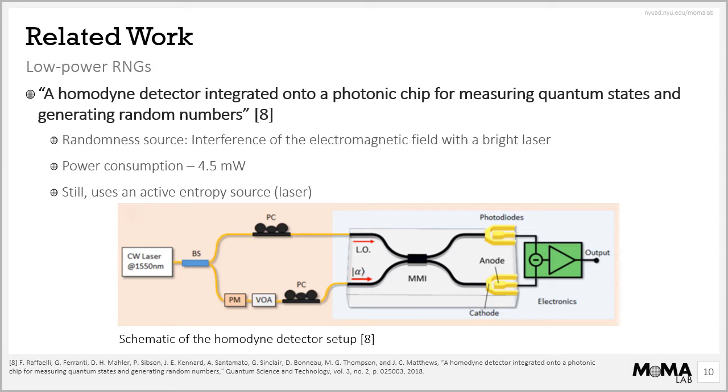In this case, the solution is utilizing a bright laser that acts as an oscillator to measure the field's interference. And while this solution requires only 4.5 milliwatts of power, it still depends on an active source of entropy, in this case the bright laser, which translates to additional power consumption and excessive levels of heat and area for the design.